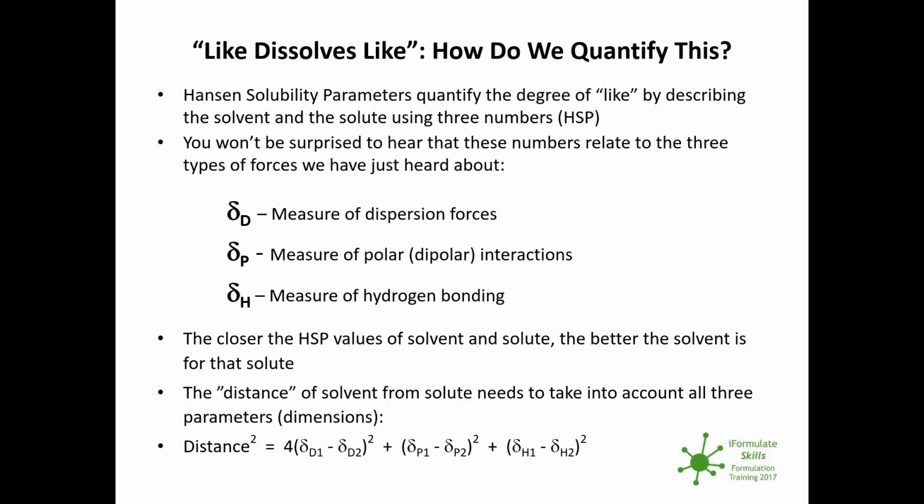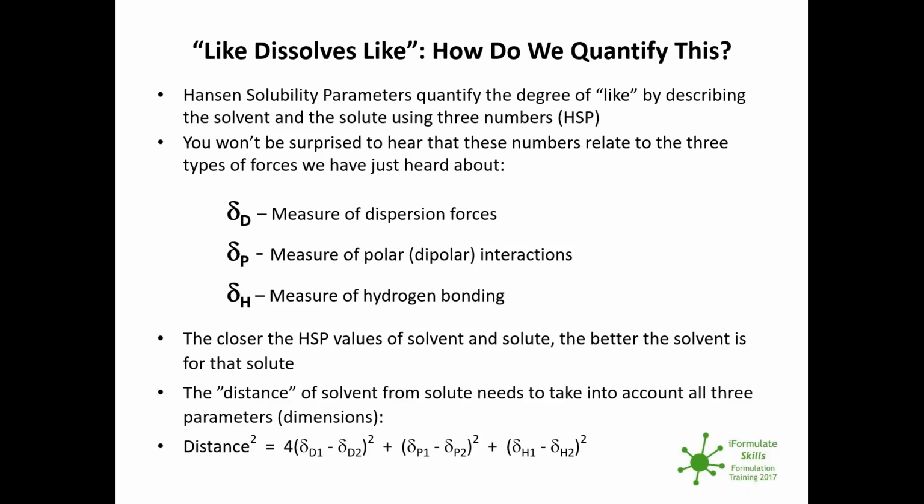So the next question we have to consider, and the question we raised a little bit earlier, is how do we actually measure like dissolves like? How do we actually quantify this? Well, the HSP method quantifies that degree of like by describing both the solvent and the solute molecule using just three numbers, and these are the Hansen Solubility Parameters.